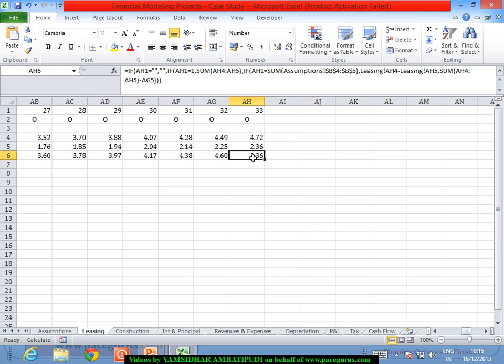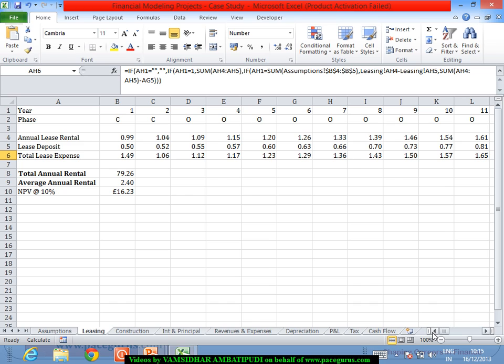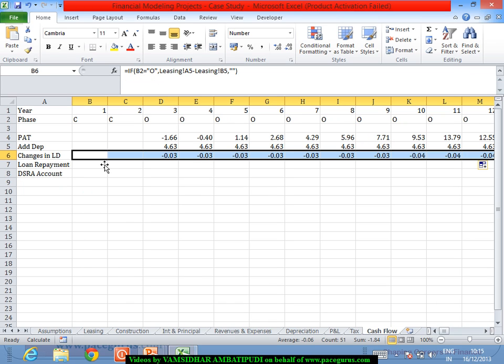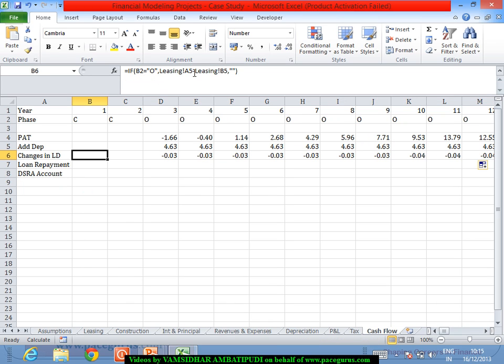So what we should do is, it's better that I handle it as the total lease expense minus the lease rentals, instead of directly taking the difference of the lease deposits. Probably I should have taken it as the total lease expense.